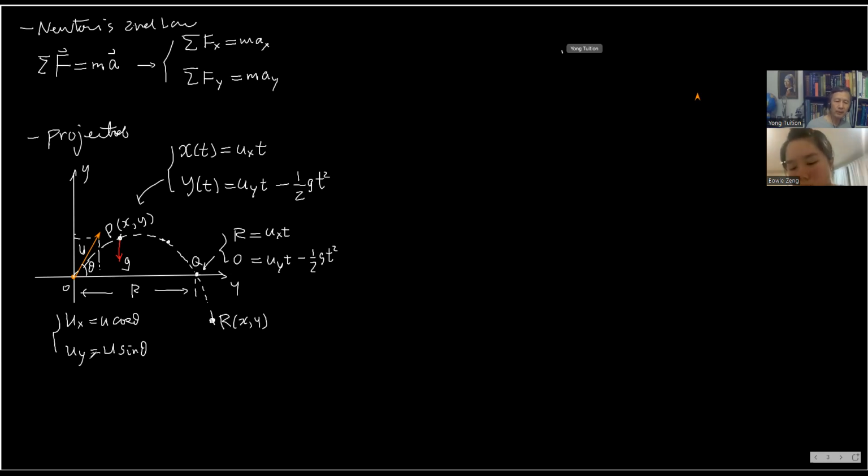Of course, what we didn't say is that the acceleration x component is equal to 0, and the acceleration y component is equal to negative g. Can you see that? So that's projectile motion. In this case, the force is downward.